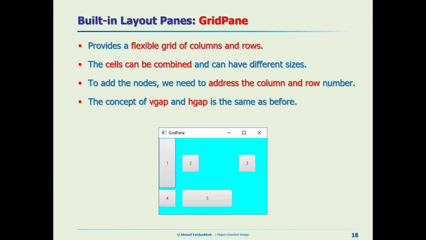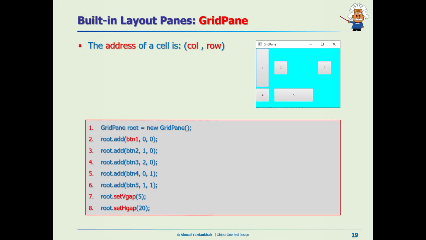All right, so let me show the code here. You see here, we created this GridPane, and then when we want to add the button 1, we should say 0, 0. So here it means column 0 and row 0. And we added the button 2 to column 1 and row 0, and so forth.